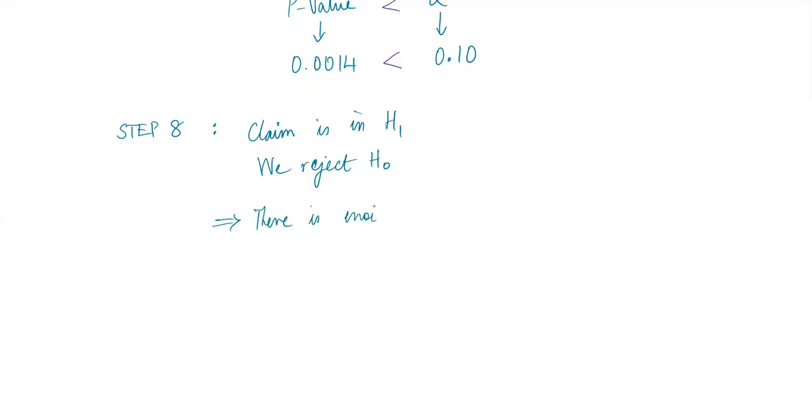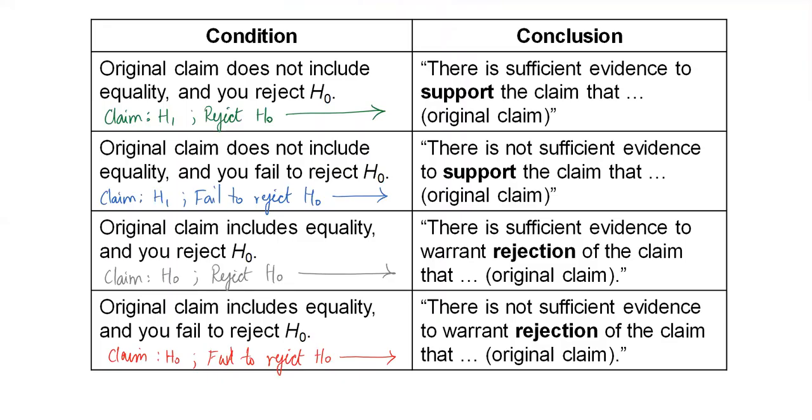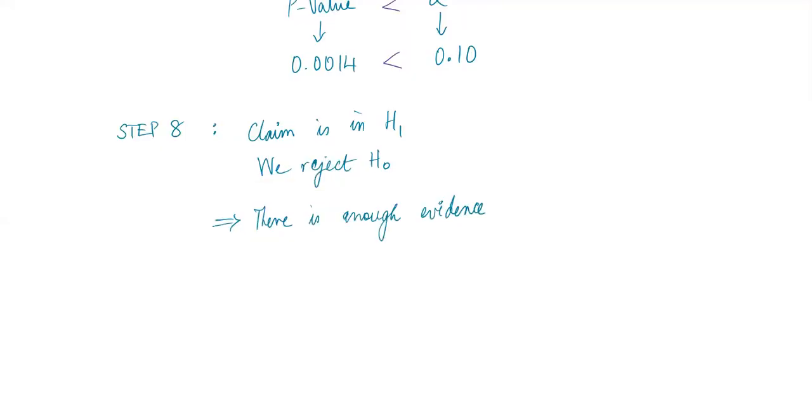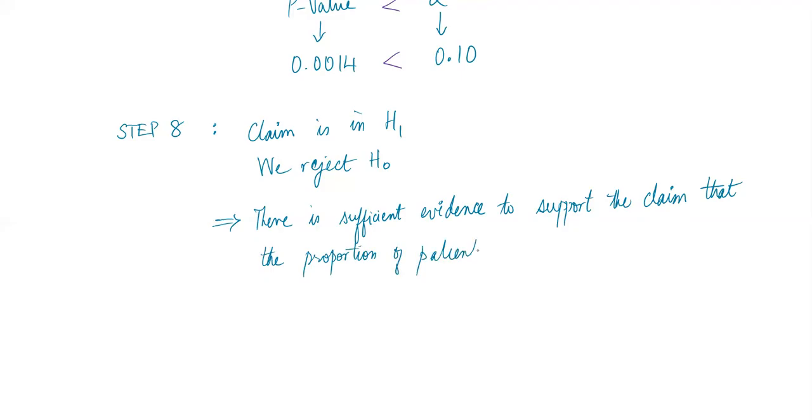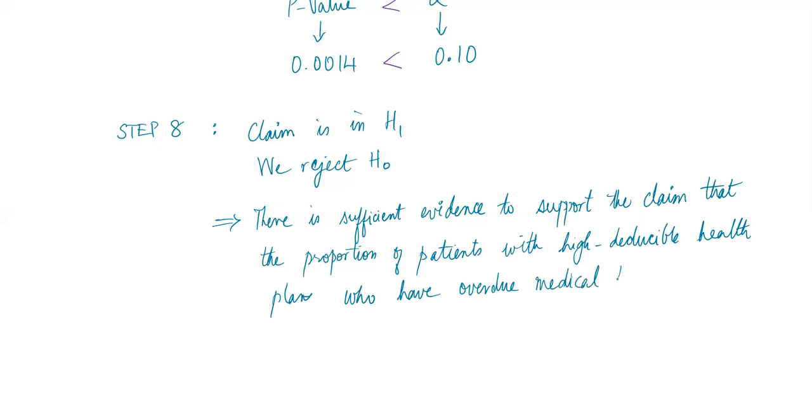There is sufficient evidence to support the claim that the proportion of patients, then use the claim from the problem, pull that sentence, that the proportion of patients with high deductible health plans who have overdue medical bills is greater than.